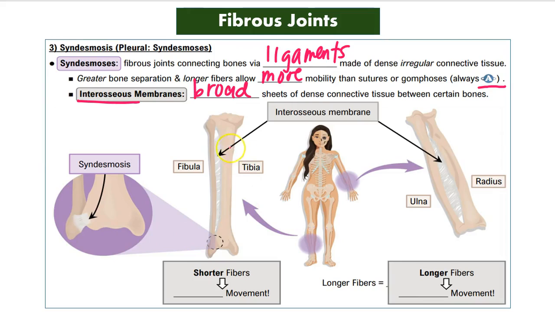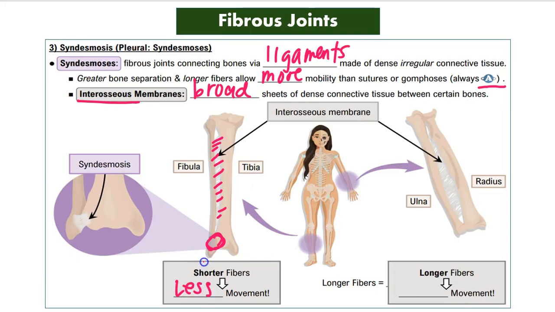And then to make sure that there is some type of movement between these two bones, we're going to have interosseous membranes, which are those broad sheets of dense connective tissue, okay? So as you can see, we have our interosseous membrane here. We have the attachment here of the bone on bone, which is going to be through a ligament. And as you can see, the interosseous tissue is made up of a lot of short fibers. So if you have short fibers, you're going to have less movement, okay?